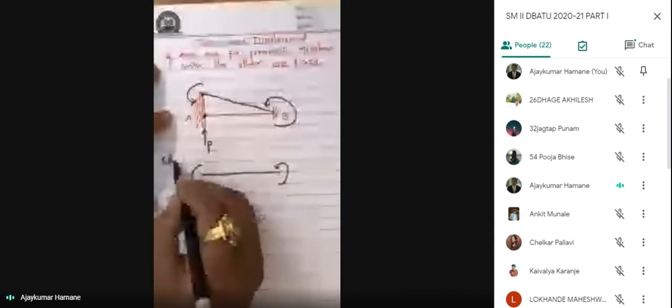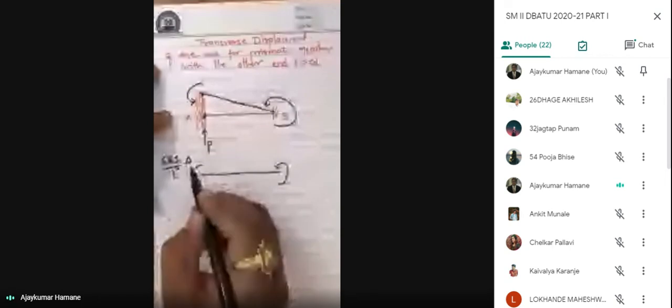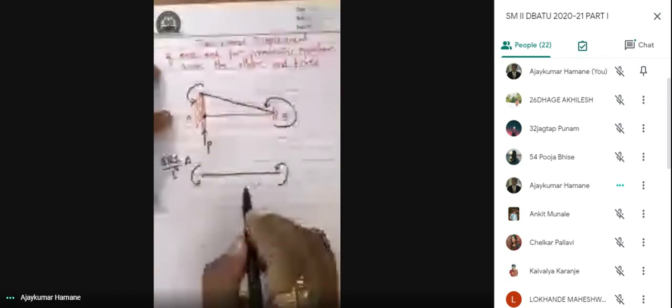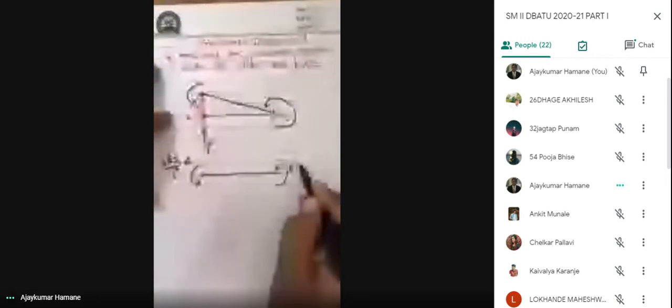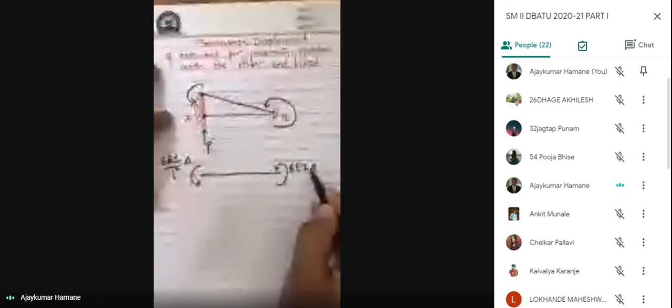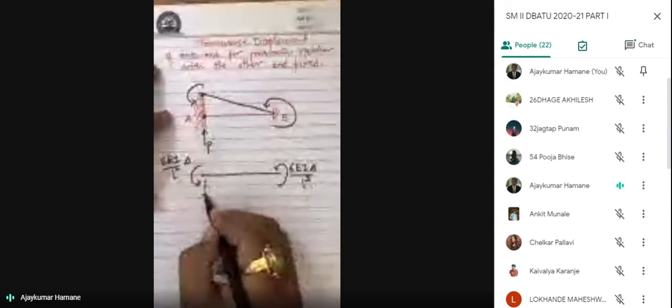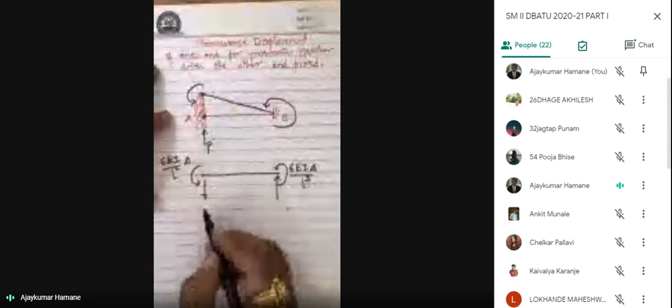Okay, this gives us 6 EI upon L square into delta, same 6 EI delta upon L square, and this reaction will be like this.